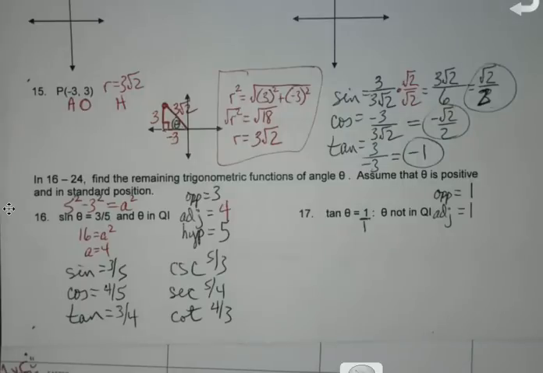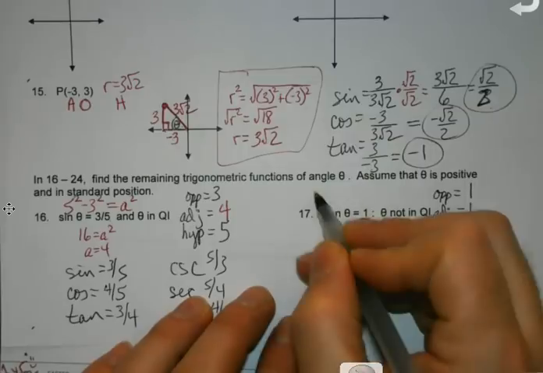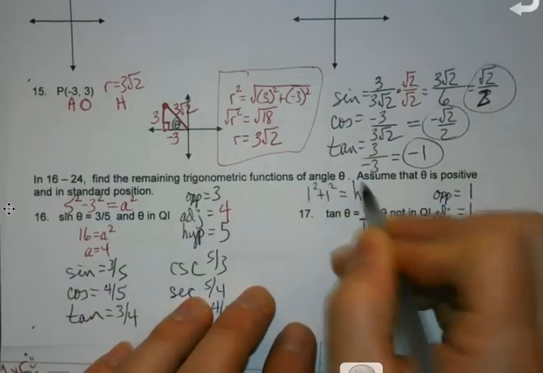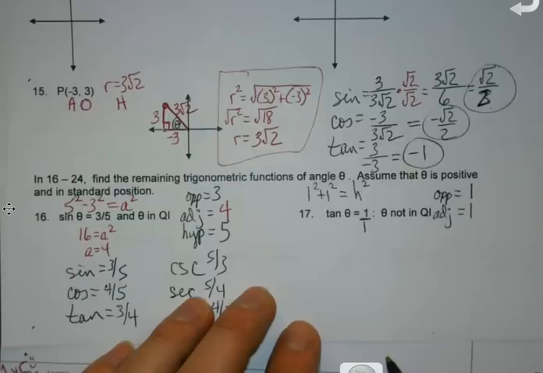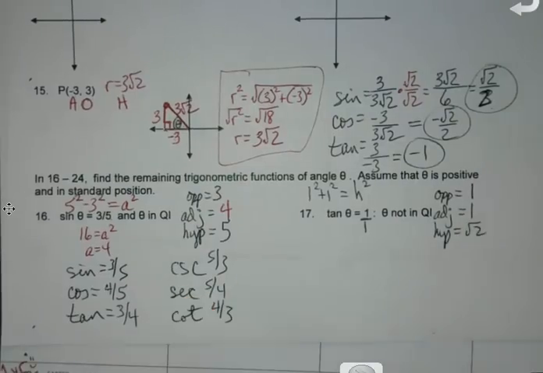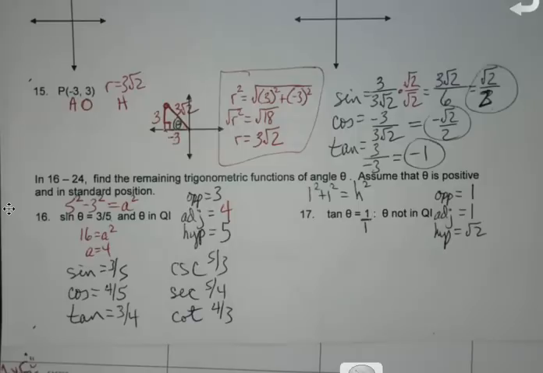Well, there's a couple of things working here that are a little bit scary. You're like, okay, 1 squared plus 1 squared equals my hypotenuse squared. So my hypotenuse is going to be the square root of 2. And you're like, okay. So again, what's the problem?